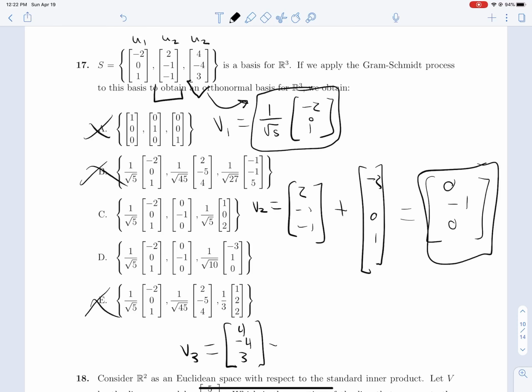So doing that, and that's really what we're doing every time. It's not completely in my head yet. That's why it's still a little hard for me. So finding that dot product, we'll have negative 8 plus 3, so negative 5.